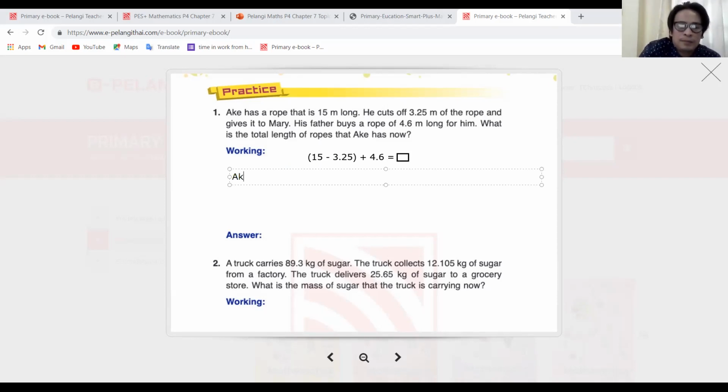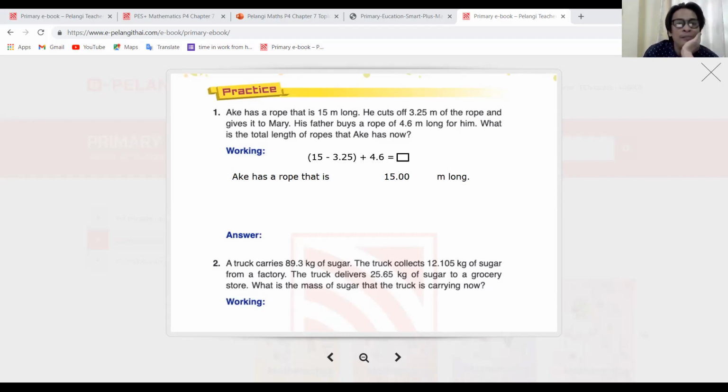He has a rope that is 15.00 meters long. Stop. Okay, next. 2 points now for you.